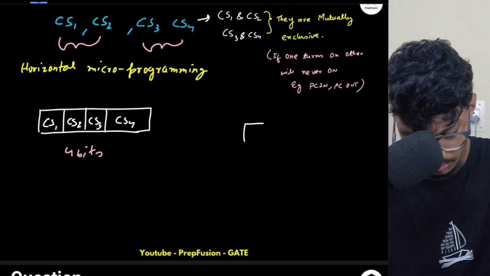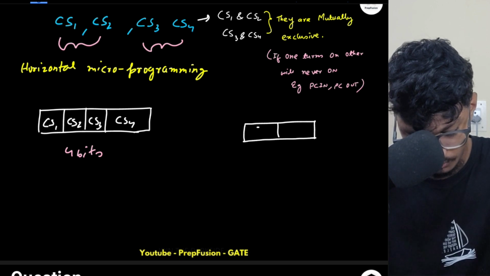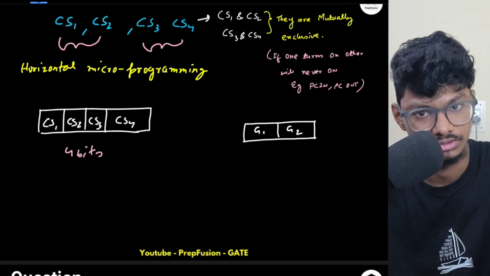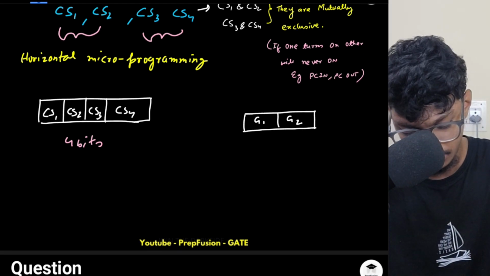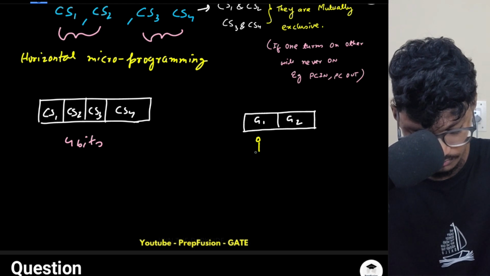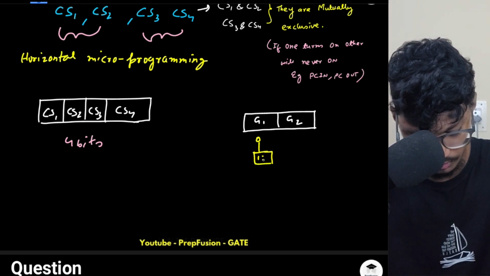So this will be my control word now, and the control word will have groups G1, G2. What I can do is simply put a 1:2 decoder.